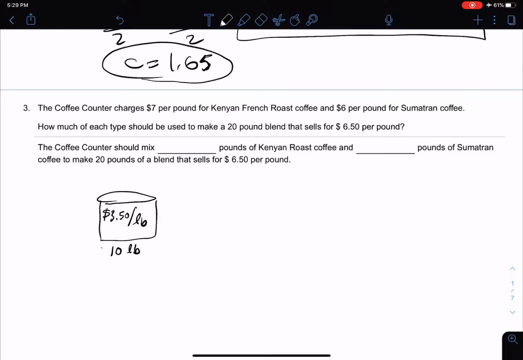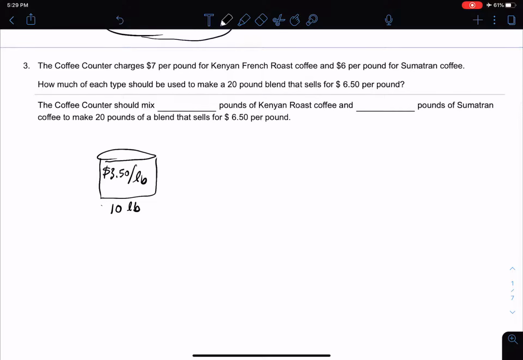You go to the store to buy coffee in bags, or this is like the old-fashioned can, but now they're usually in these expensive bags if you want Starbucks or Pete's or whatever. But if you want to know the cost of that coffee, it's $3.50 for every pound. And how many pounds you got there? 10 pounds. So when you multiply that up, what's the cost of that canister of coffee? It's going to be $35. Just move the decimal over one because you're multiplying by 10. So it's $35 for that canister.